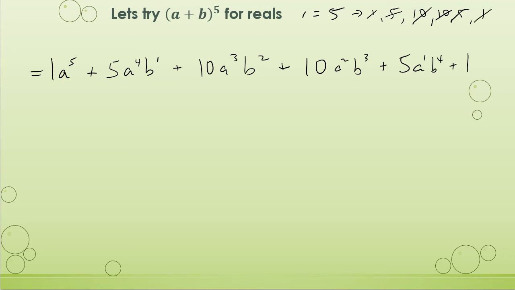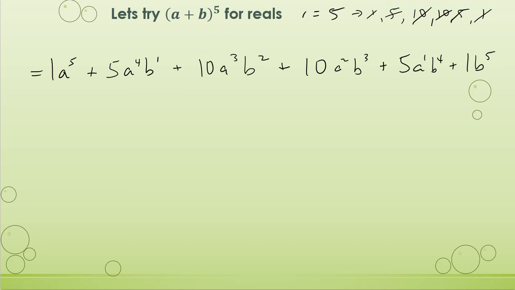Last term, 1. a goes down, a to the 0. You don't have to bother writing that because that's just 1. b to the 5. How was that? That sure beat writing a plus b in brackets 5 times and going through all that expansion. It definitely would have made your eyes bleed.